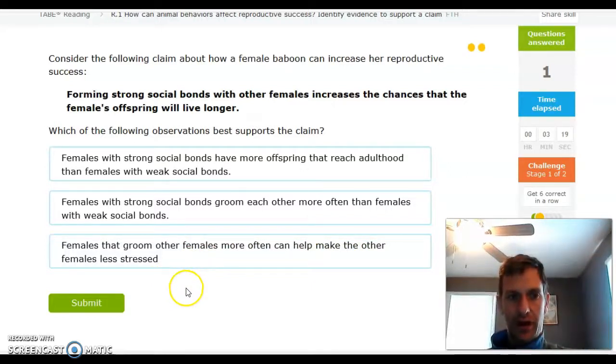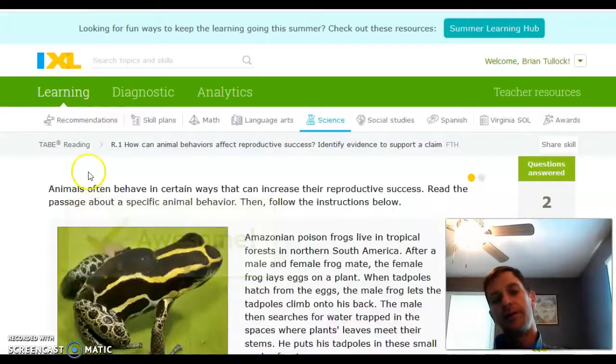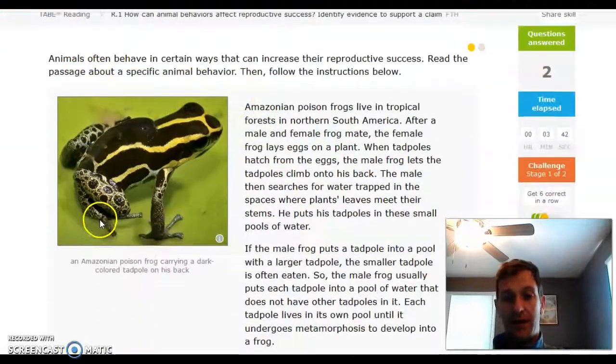So, living longer, right? I don't think it's this one. Strong social bonds have more offspring that reach adulthood than weak social bonds. They reach adulthood. So this one on the surface looks okay, less stress, but it's not really dealing with living longer. Okay? See how we got to that answer?